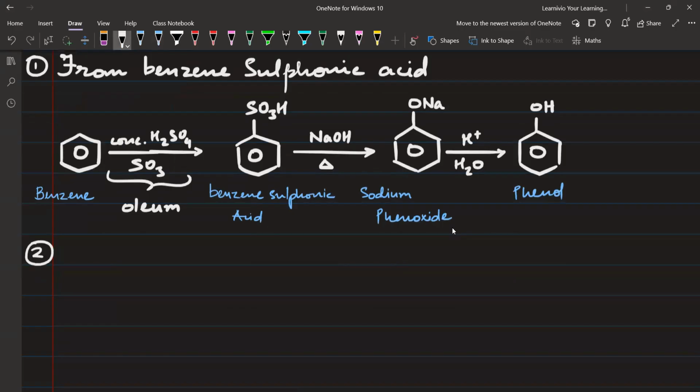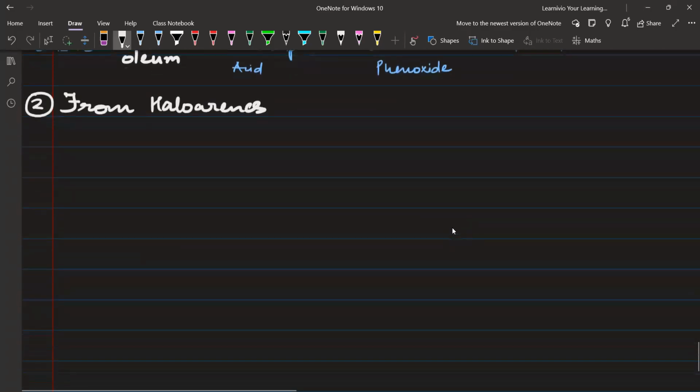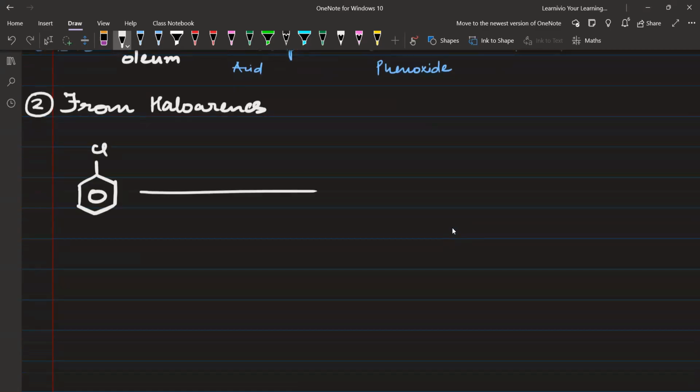This is from halogens. So in halogens, we have benzene ring, chlorine, and we have seen this reaction in the haloarene chapter also.